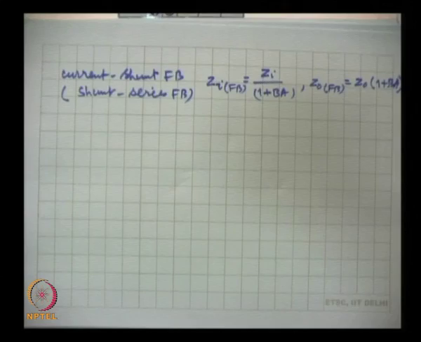Of course, in all these 4 configurations, the common characteristics of negative feedback are always there. That means, whichever of these 4 configurations you choose, the circuit will show stability, the circuit will reduce the distortions and so on. So, you have to choose a proper circuit depending on your impedance requirements.